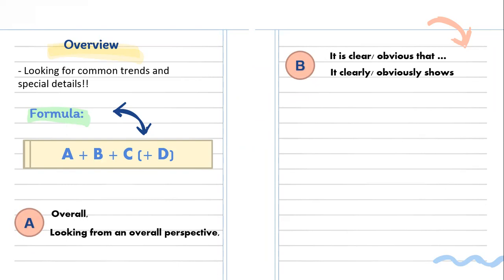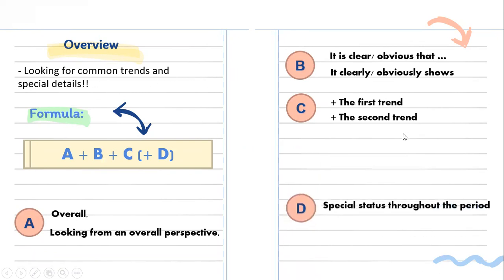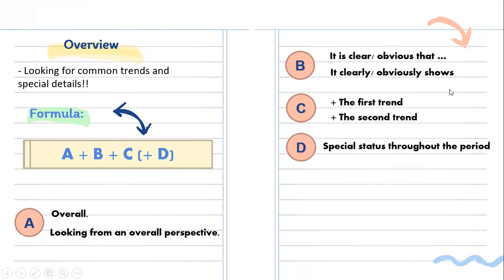It clearly, obviously shows blah, blah, blah. Remember, you can wipe B out if you don't like it to be so long, right? And C, you will mention the first and the second trend, which is the common trend and the specific trend. I will show you how to write it later.